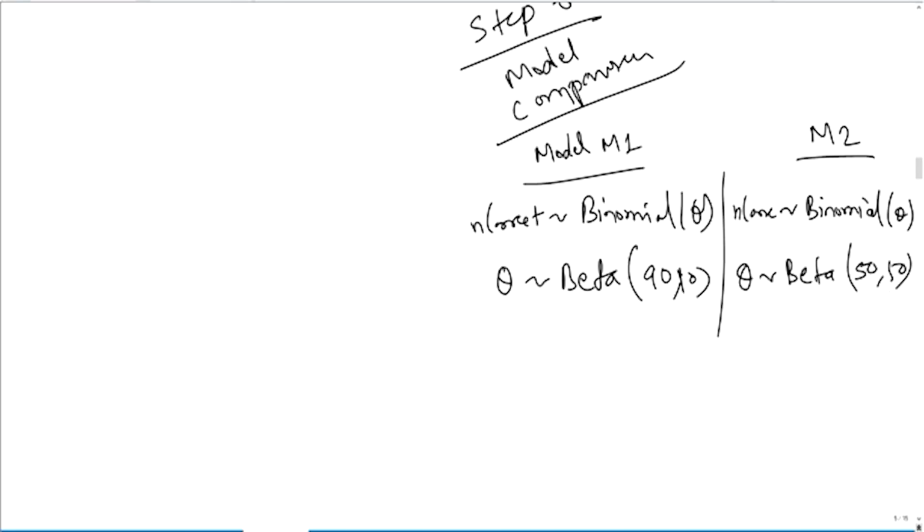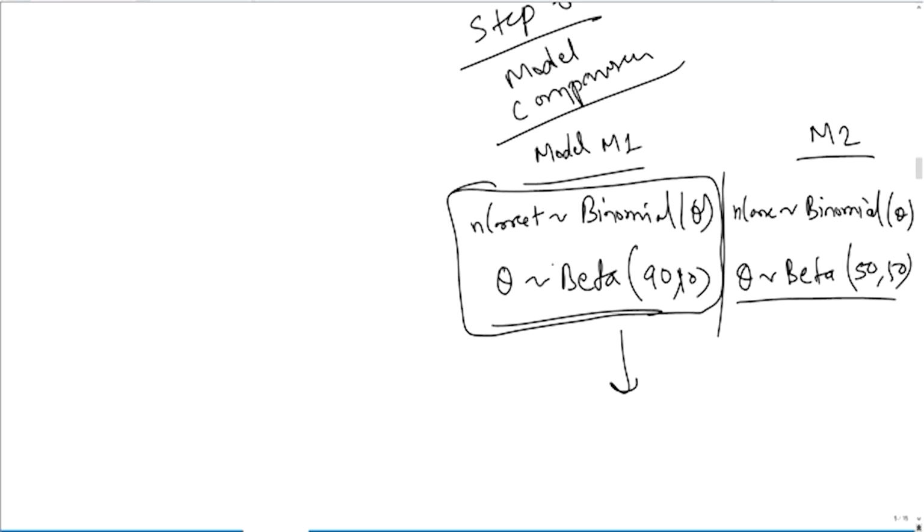That means we think that the likely value of producing a correct response is 0.5 and there is uncertainty around it. Okay. So, these are competing prior assumptions while the likelihood assumption is the same. Now, given the data, you can compare which model performs better. Okay. And then we can claim that this is a better model, or more precisely this is a better assumption to make.